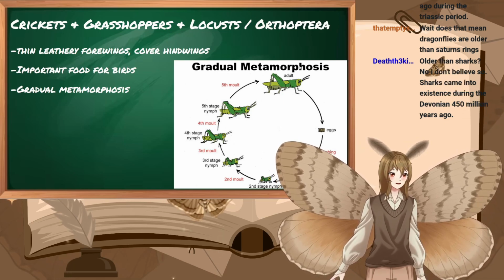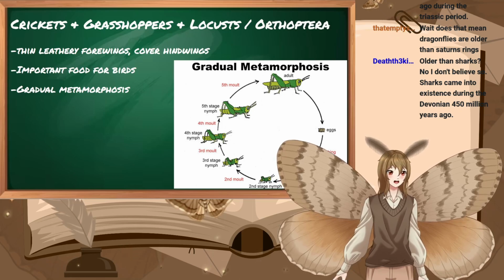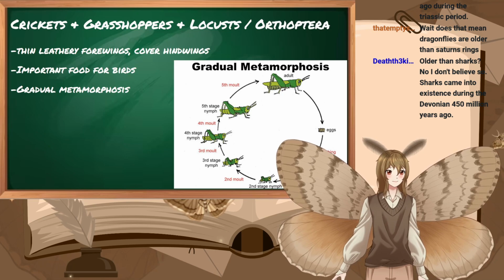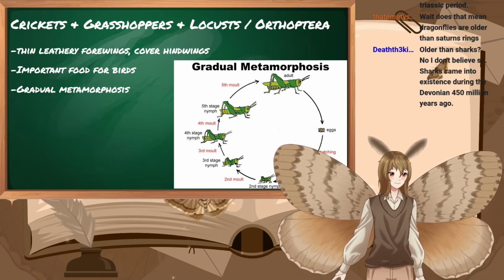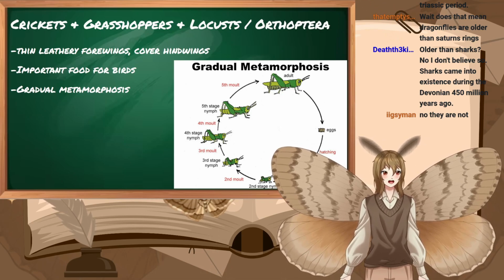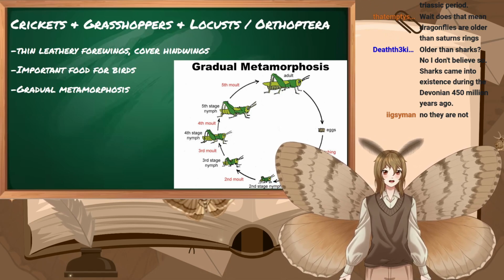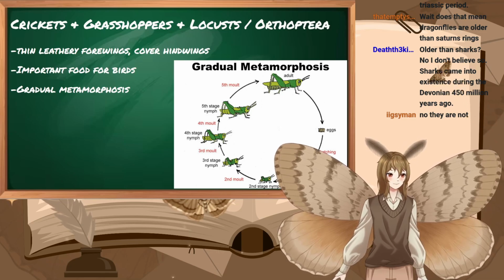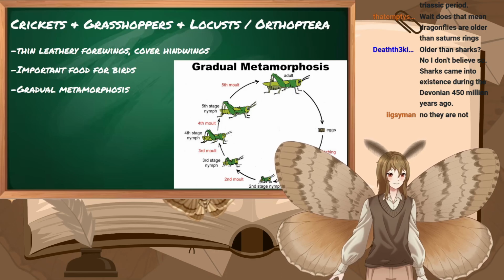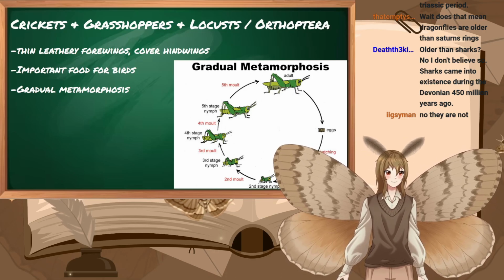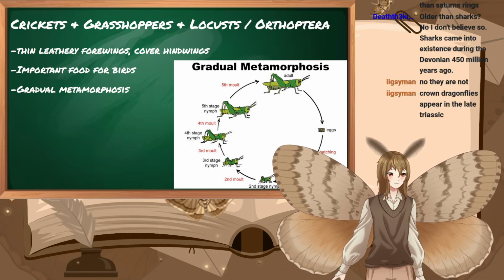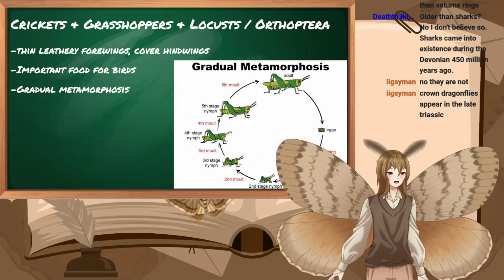Does it mean dragonflies are older than Saturn? I don't know about that. I don't know a lot about space. Older than sharks? No, I don't believe so. Then I might have remembered incorrectly. 450 million years ago? Oh, that's my bad. I know that they're older than dinosaurs for sure. I wasn't sure about sharks. Crown dragonflies appear in the late Triassic.